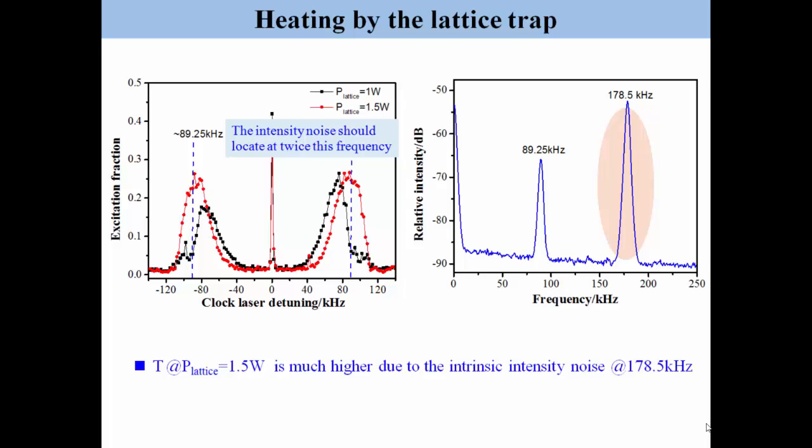Once the lattice is tuned off at about 1 watt of lattice power, the additional heating effect can be completely removed. So it implies that we can tune the trap frequency far off this frequency.